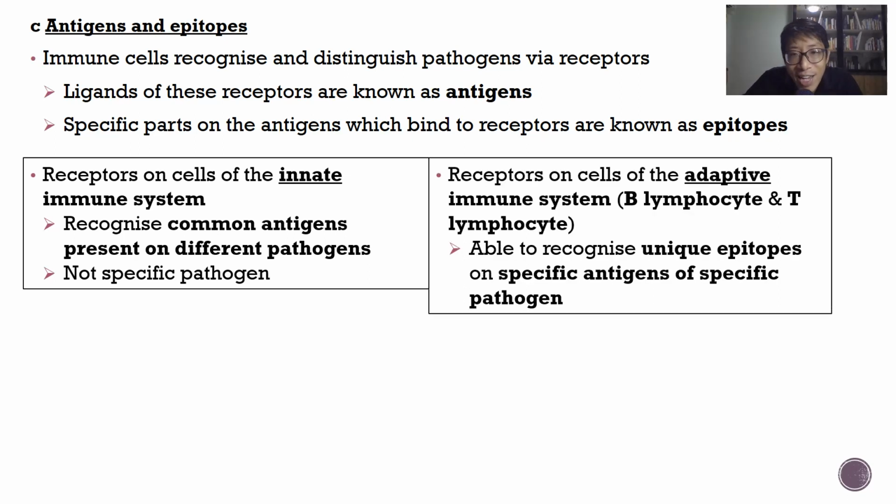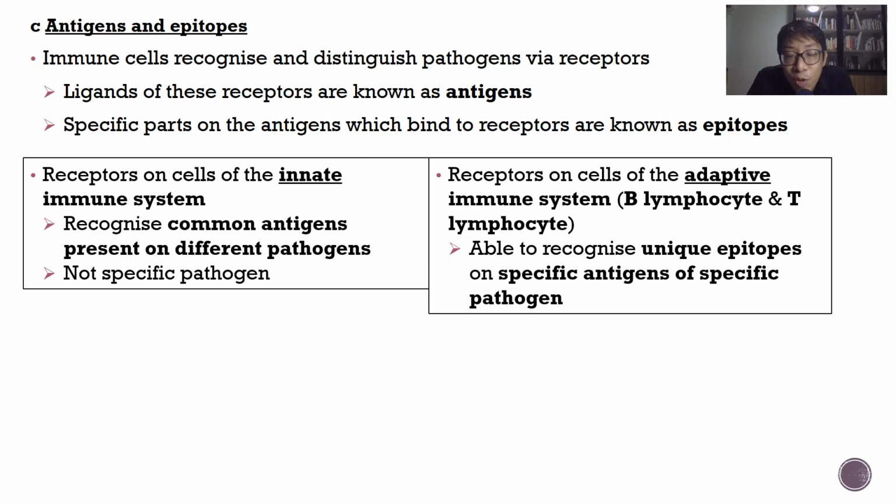But for the adaptive immune system, the immune cells involved are very specific. They have receptors that are able to recognize unique epitopes on unique antigens of unique pathogens.